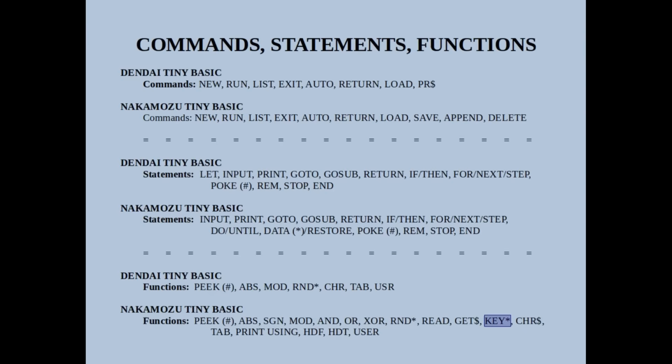Key has been rewritten by yours truly to act way more like the Commodore version 2 GET statement, so that works like on the VIC-20 and the Commodore 64. You have a print using formatting function that you can use to set up tables and make things look nice.